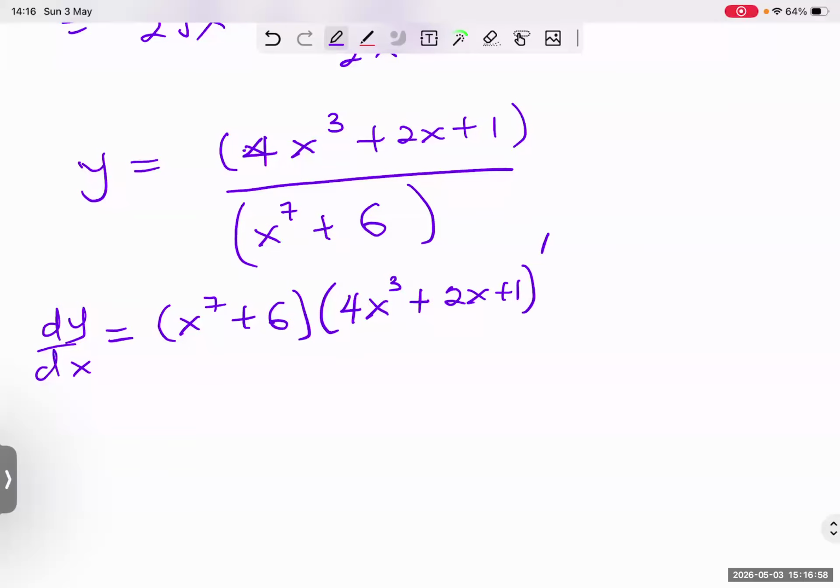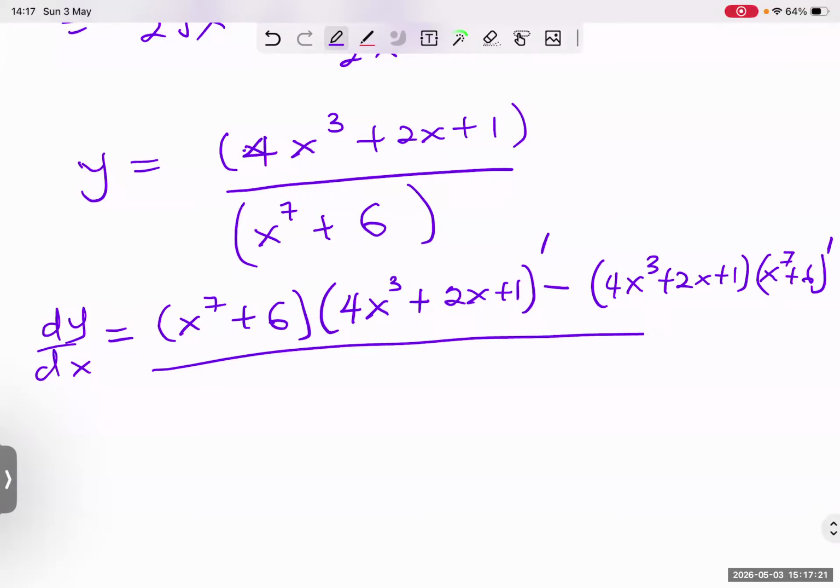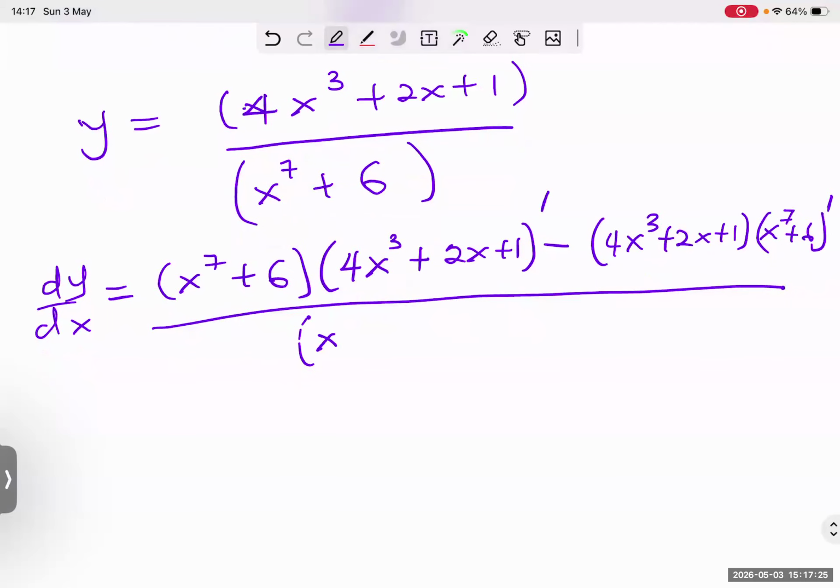I'm going to differentiate this, so I'll put a prime at the top. Minus the opposite. So I'll maintain the numerator, 4x cubed plus 2x plus 1, and differentiate the denominator, x to the power 7 plus 6. I'm going to differentiate it, so I'll put a prime at the top. All over the square of the denominator, x to the power 7 plus 6, all squared.